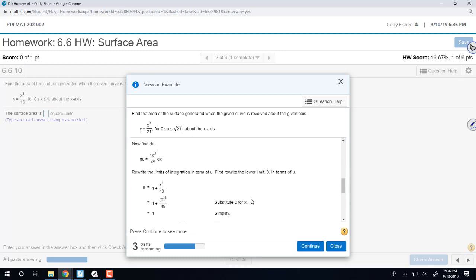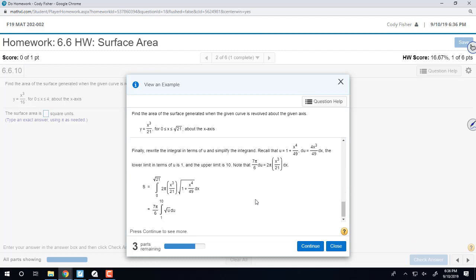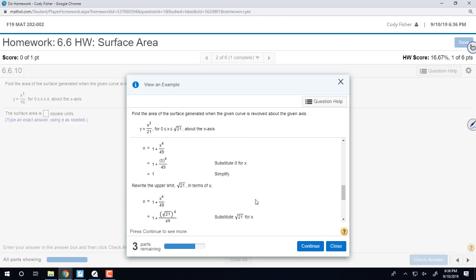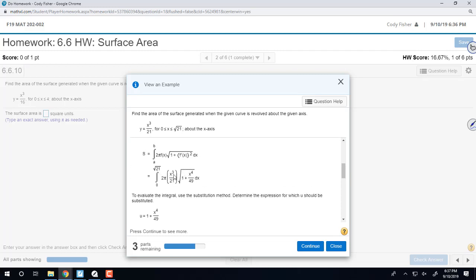Yeah, that's really cool. So yeah, that is not necessary at all. The only thing that's necessary is to account for this 4x cubed, because you really just have an x cubed you're trying to account for with your u substitution.